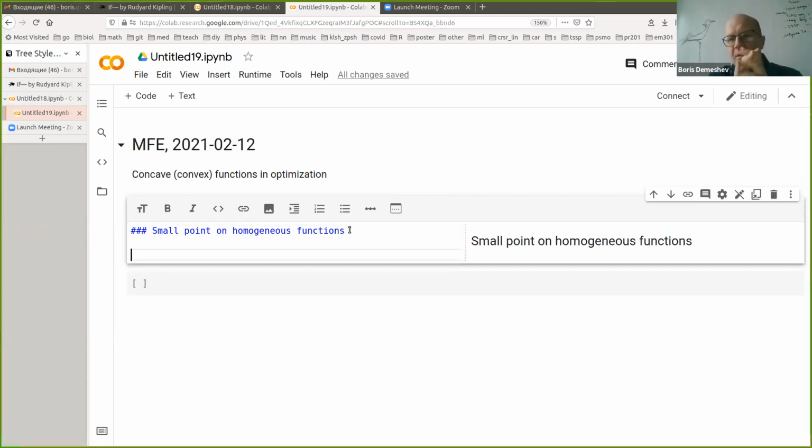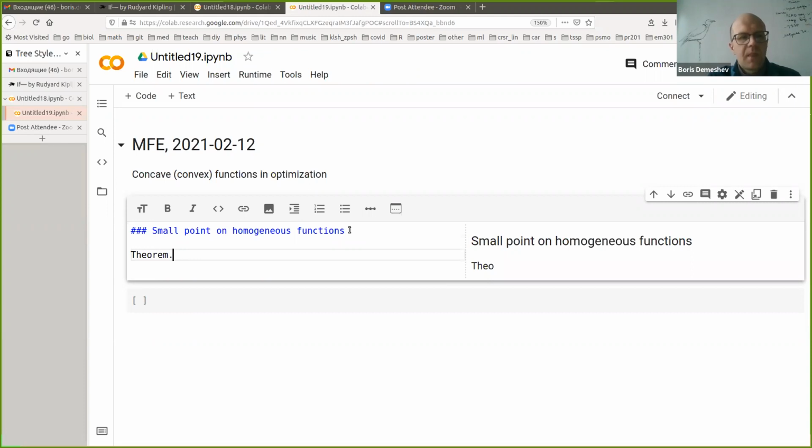If we consider a homogeneous function of one variable, then it's very boring. Basically, there are only a few types of homogeneous functions of one variable. So let's prove the following theorem. The unique homogeneous function of one variable is which one?